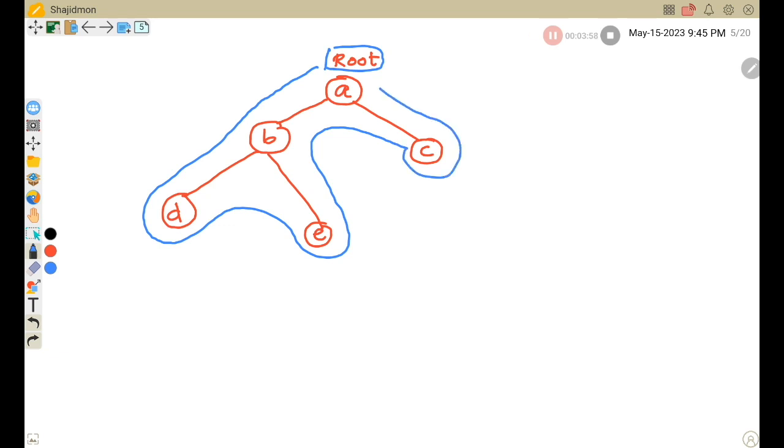This is one type of traversal: visiting all the vertices one time in a systematic way. First we cover the left subtree, then we cover the right subtree. So this is one type of tree traversal.